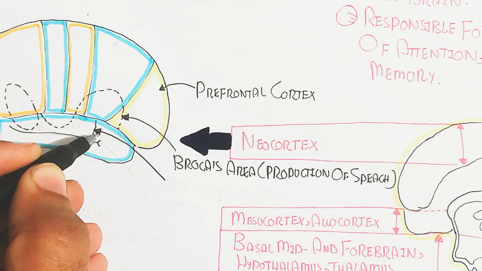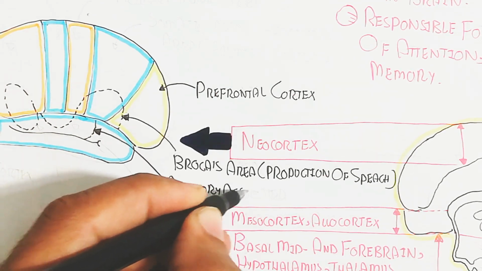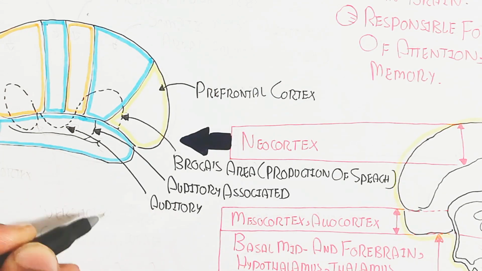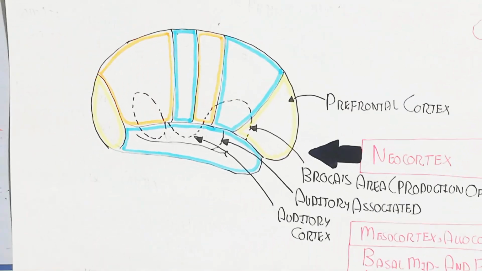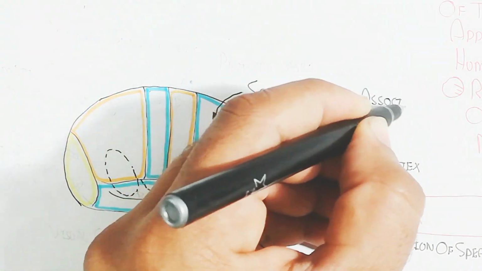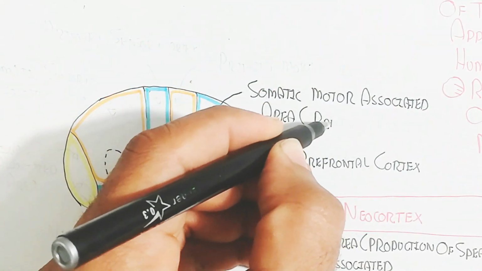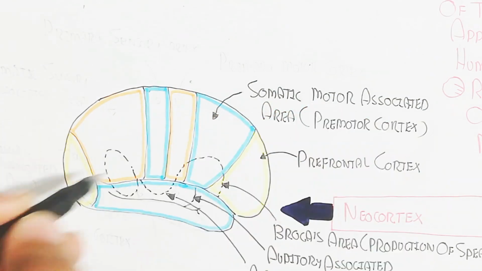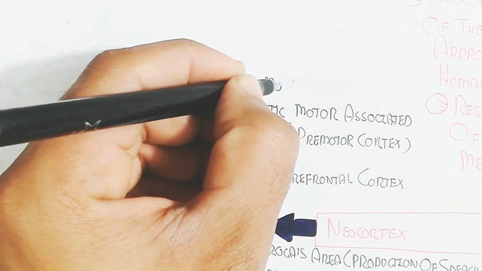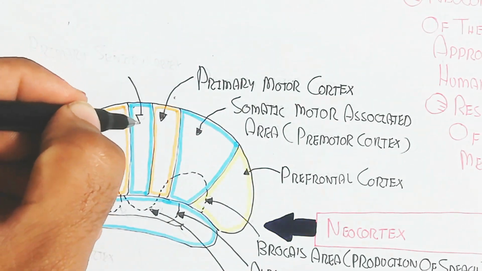This is Broca's area, for the production of speech, and this is the auditory association cortex, and the auditory cortex is here, used for listening. This is the somatic motor association area, used for the premotor cortex and the primary motor cortex. The primary motor cortex is used for the movement of muscles.